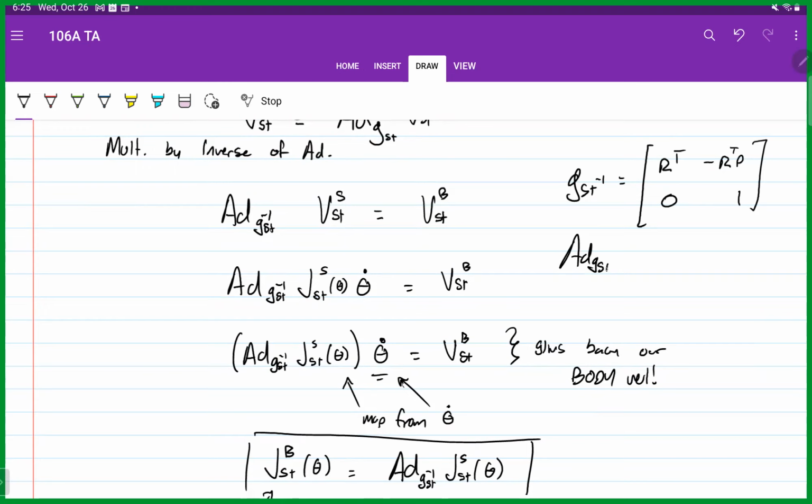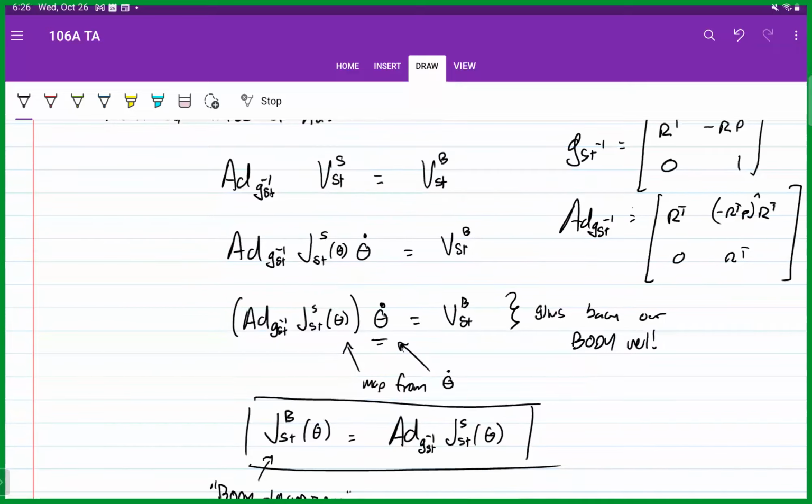So if we try to write the adjoint of GST inverse, we're going to fill that in: R transpose, blah, blah, blah, 0 transpose. And this one, negative R transpose P hatted times R transpose.